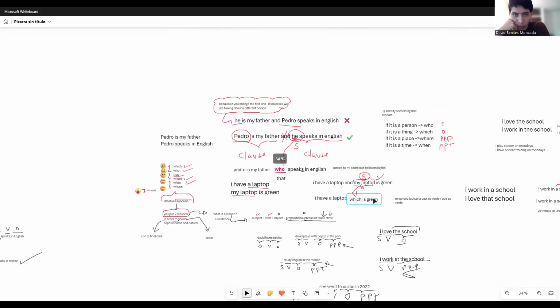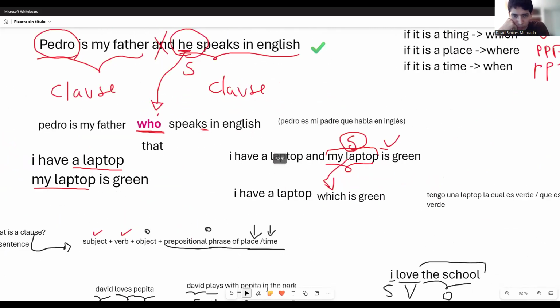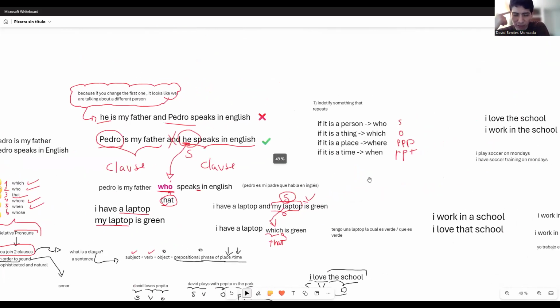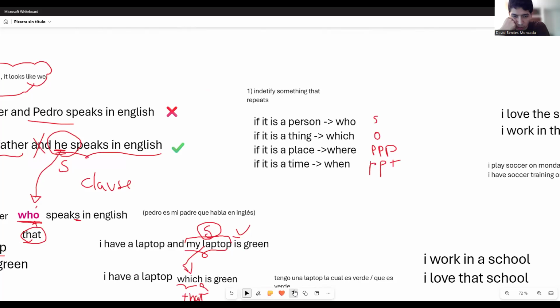And then, I have a laptop which is green. You can say, I have a laptop that is green. So that is for people and for things.